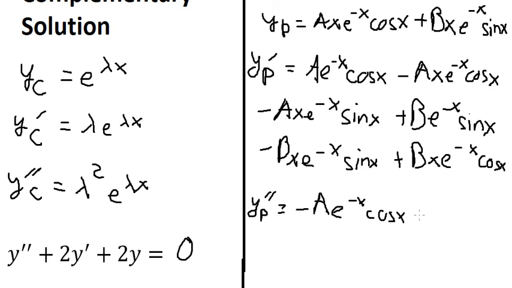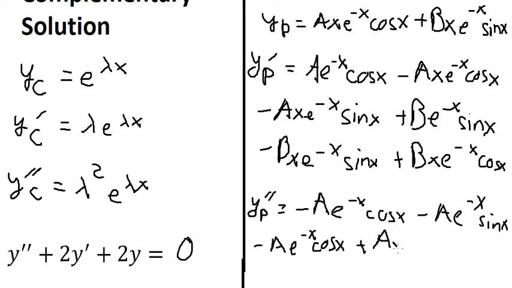This one we have negative a e to the power of negative s sine s. Now we do for this one.